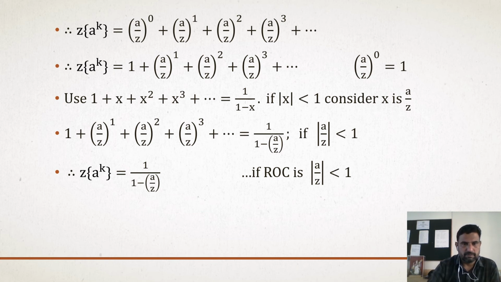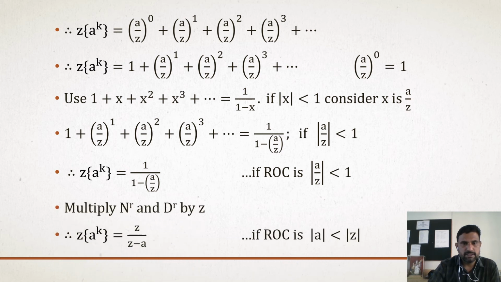Z is in the denominator, so multiply numerator and denominator by z. Then the z transform is z upon z minus a, and the region is, shifting z to the right side, mod a less than mod z. So this is the final z transform of a raised to k when k greater than or equal to 0, with region of convergence mod z greater than a.